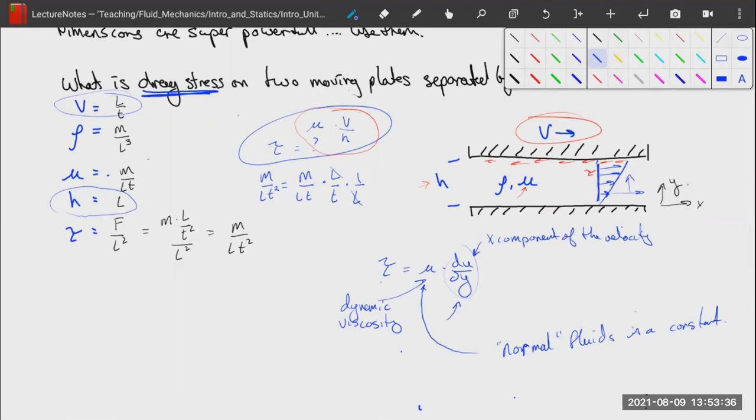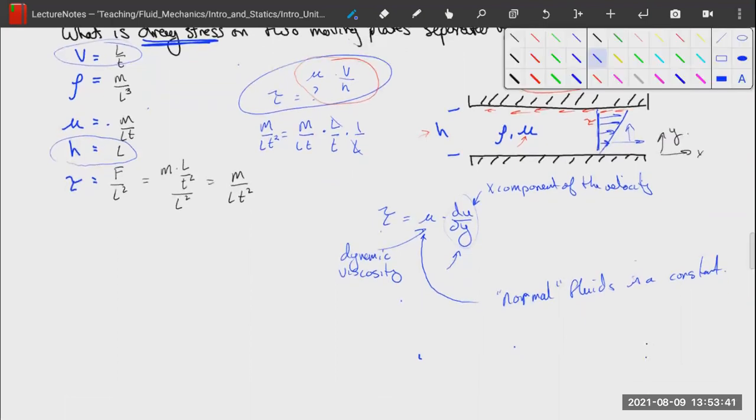The units on that are going to be, if we look at it, we have a velocity, right? Okay, so a length per time, and we're taking the derivative with respect to a length, so du dy, so we divide it by a length, which equals 1 over time. So that's a shear rate, has units of 1 over time.